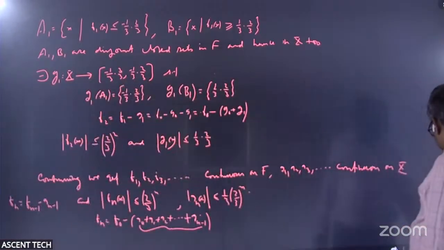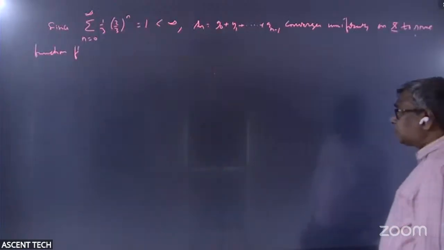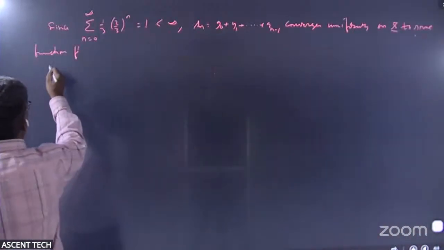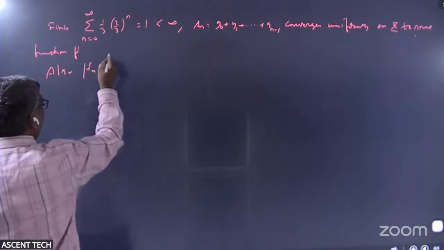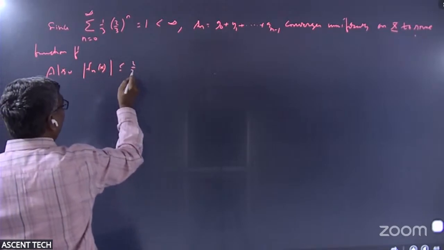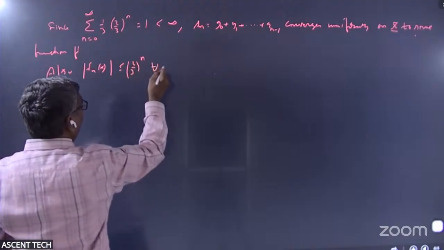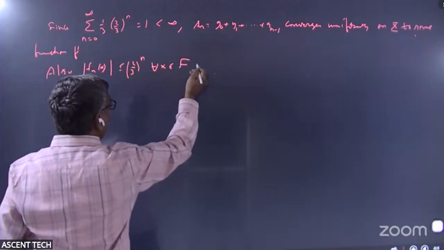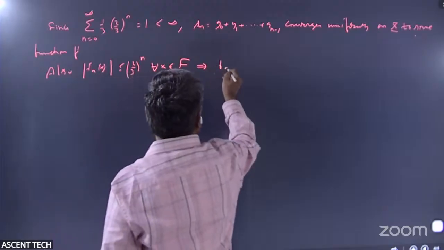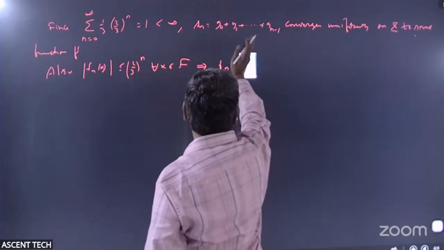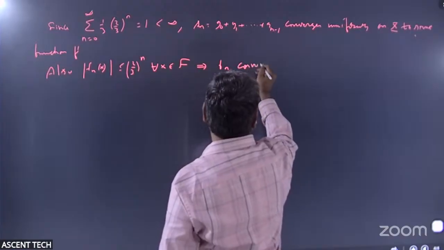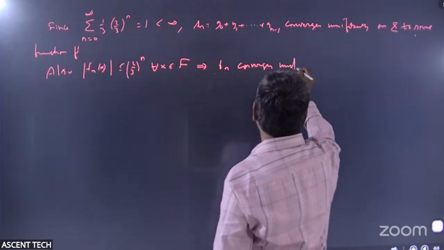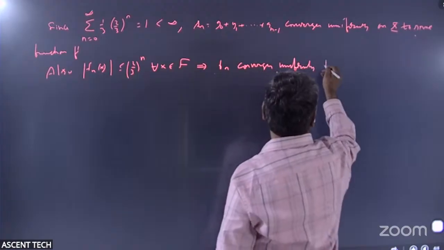Also, Fn(x) is less than or equal to (2/3)^n for all x in F, which implies Fn converges uniformly to 0.